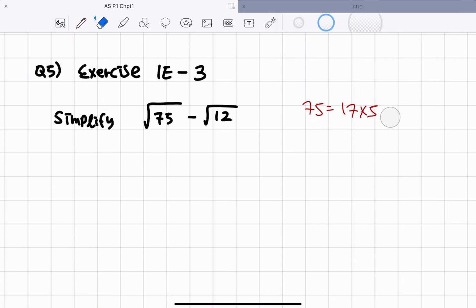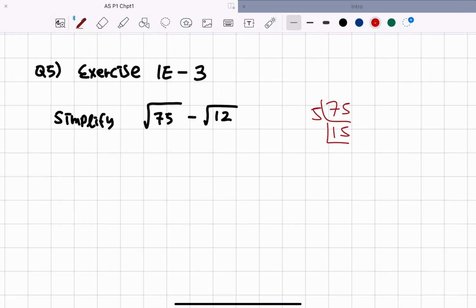It's divided by 5, so 15 and 5, 3. So we can say square root of 75 equals square root of 5 squared times 3. So we can simplify to 5 square root of 3.